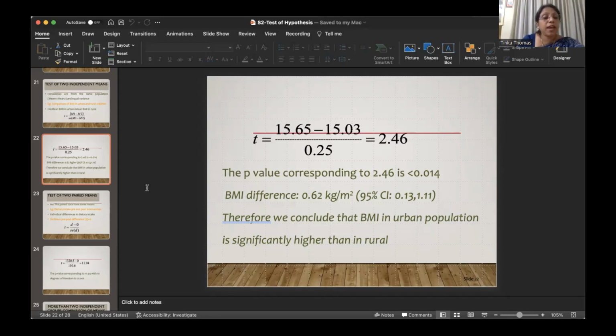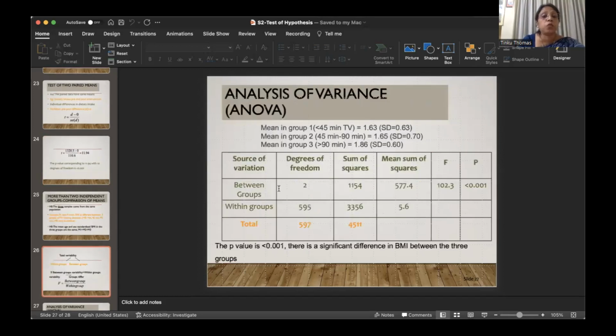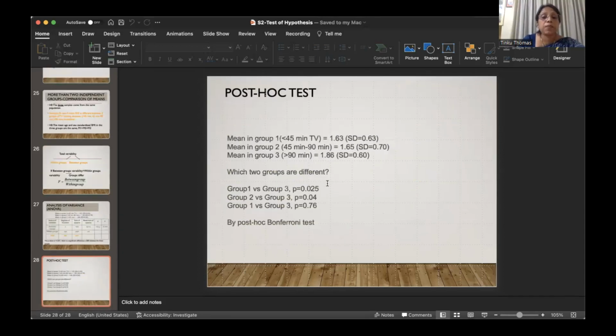Why do we have different p-values for group 1 versus group 3? So let me just put that. So this is group 1 versus group 3, the mean of group 1 versus the mean of group 3. For that comparison, the p-value is 0.025. You can see that there's 1.63 versus 1.86.